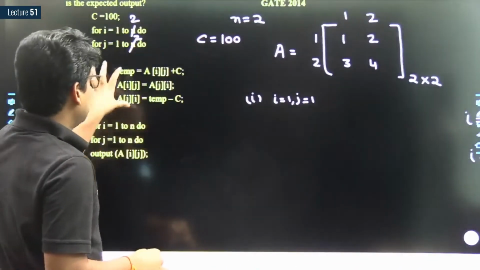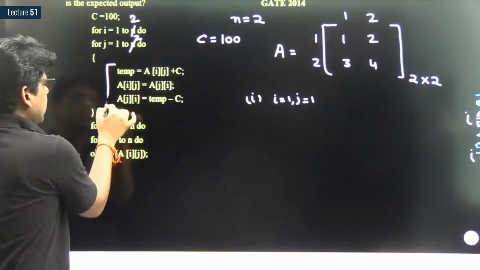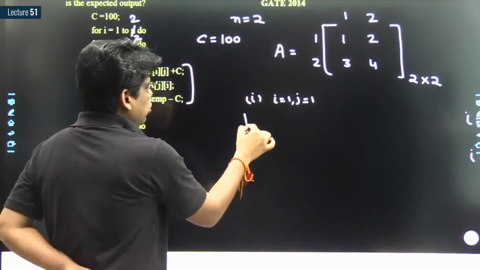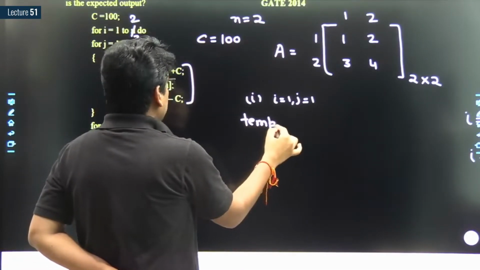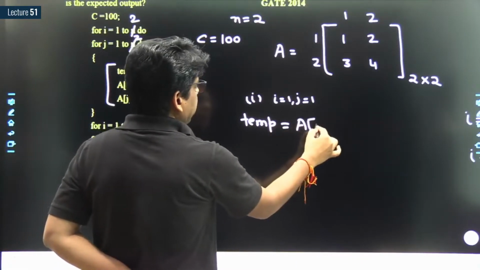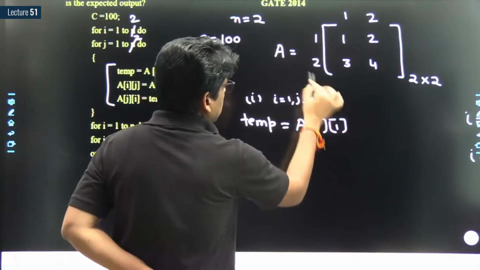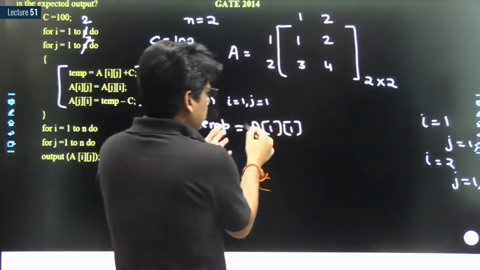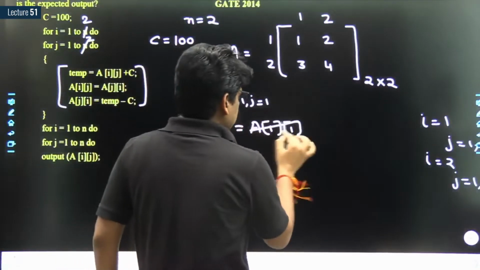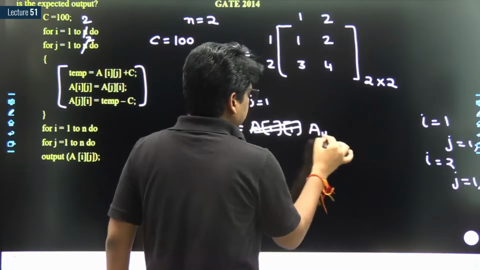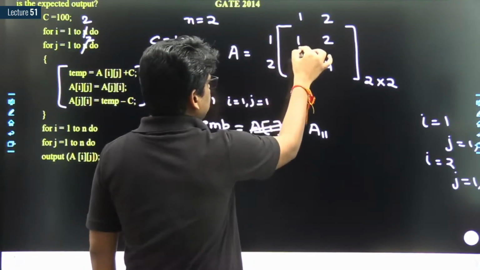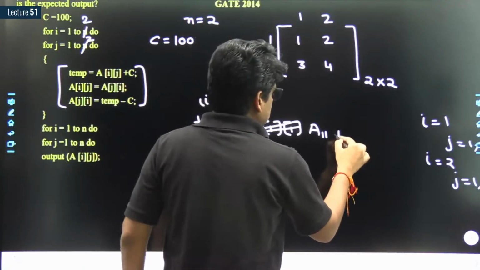Sir, what is the code? The code is like this: temp is equal to A11 plus constant. Inside the matrix, don't worry about this, you can think of it like A11. First row, first column, that is 1, plus the constant.